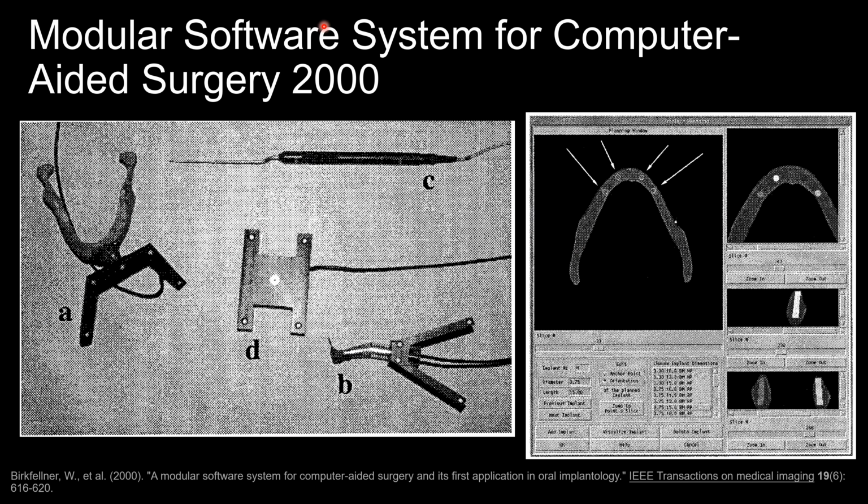In 2000, we can see dynamic navigation with a tracer on the mandible and a tracer on the handpiece. This is very like the navigation we use nowadays.